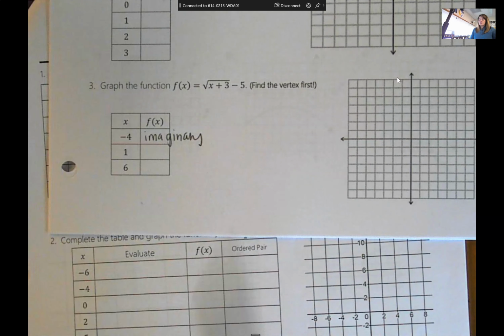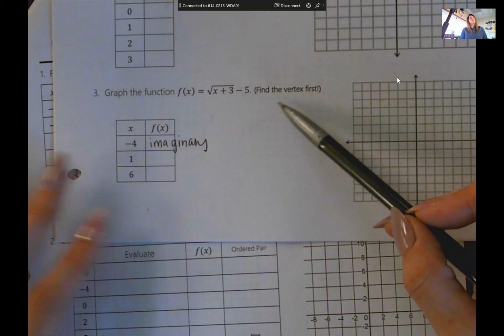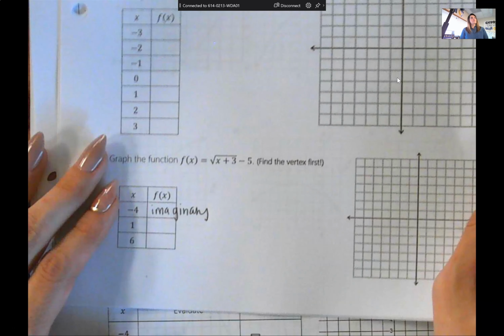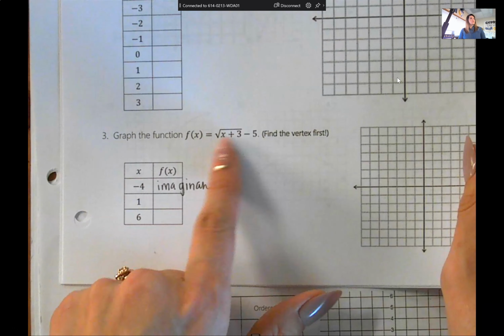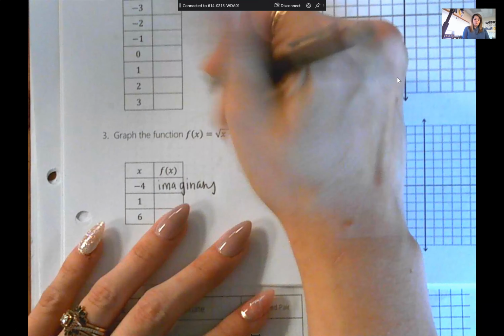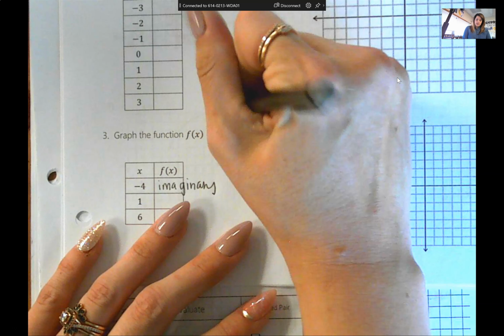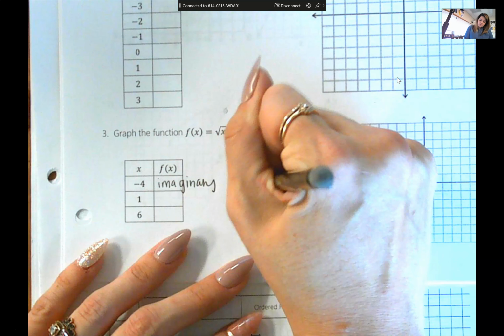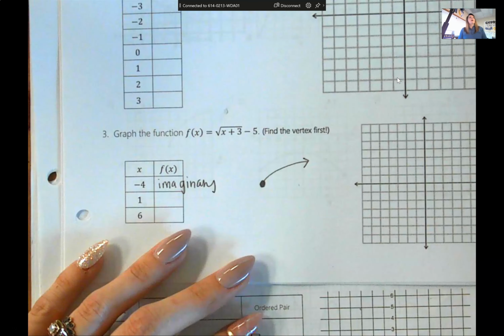In the instructions, it tells you to find the vertex first. Well, really, the first thing we should ask ourselves is, do we understand what this graph is going to look like? Well, hopefully yes, because we just did one. It is going to be a closed point with an arrow coming out of it.